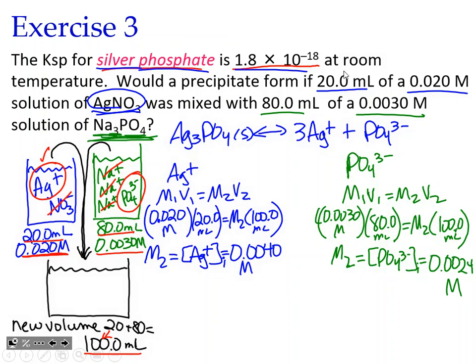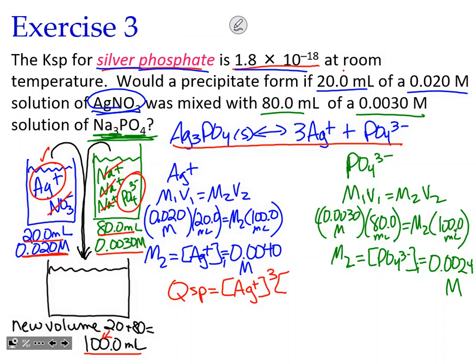Okay, so now that we have our initial concentrations, and we have our reaction or equation up here, we can use it to find Qsp. So Qsp is going to be the expression: the concentration of the silver to the third times the concentration of the phosphate, and initially, the initial ones.